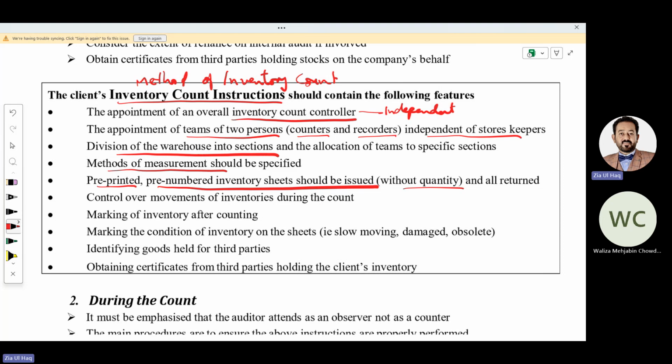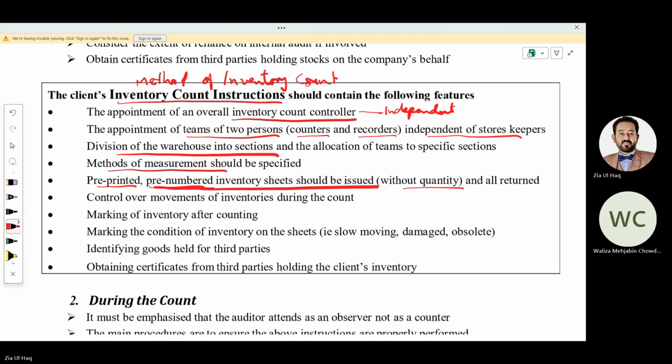If numbers are already there, suppose one inventory shows 50 units, staff will just check whether 50 units are on the floor or not. If there are 60 units on the floor, they will not try to find the other units. So that's why the number should not be mentioned, only the name of inventory should be on the pre-printed sheets. And these sheets should be pre-numbered as well. Pre-numbered means there should be a sequential number on the sheets.